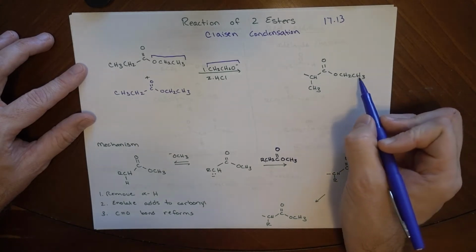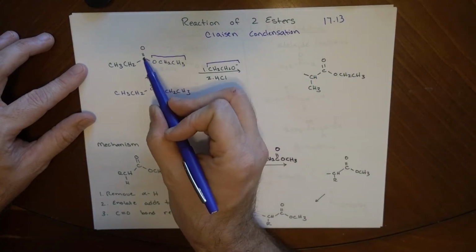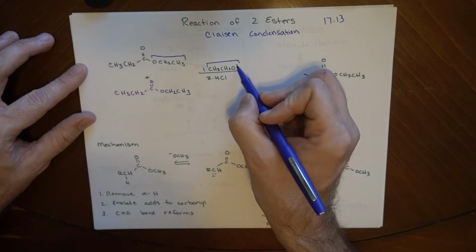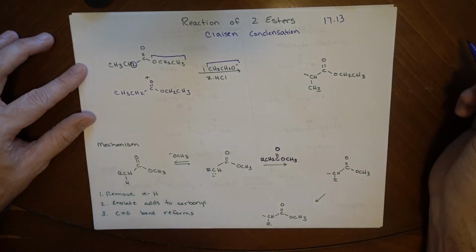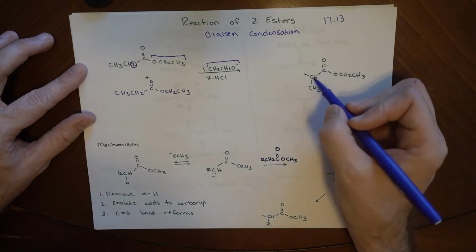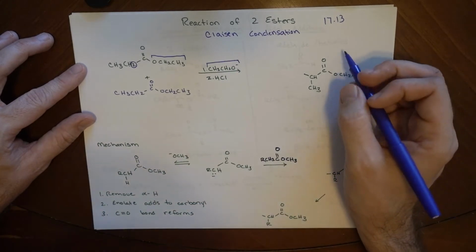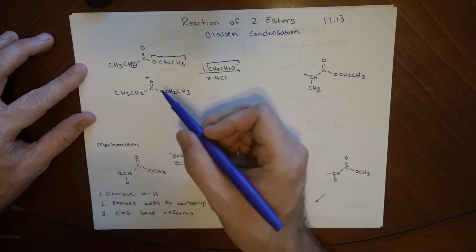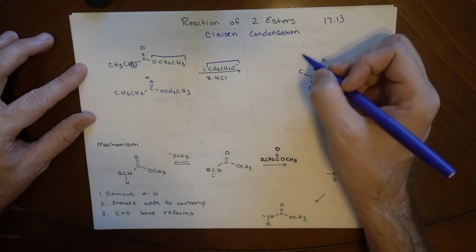So this molecule right here is sort of what we're starting with here. All of this here. This oxygen is going to end up abstracting one of these hydrogens, the alpha. Okay, and so this carbon is the same as this one. This CH3 is there. It's also untouched. And what it's going to do is it's going to attach here at this carbonyl. This will end up being kicked off.